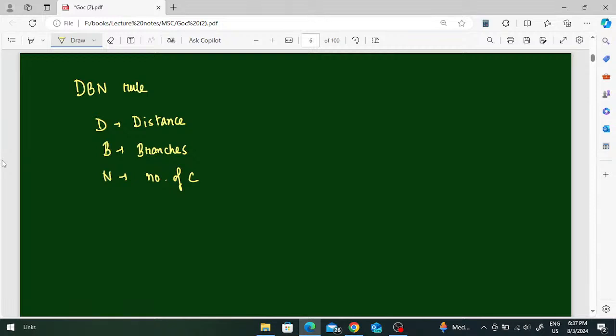Plus I power decreases with increasing distance; it is inversely proportional to distance, and directly proportional to the number of branches, and also directly proportional to the number of carbons.